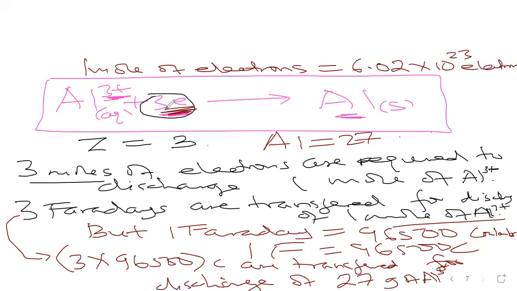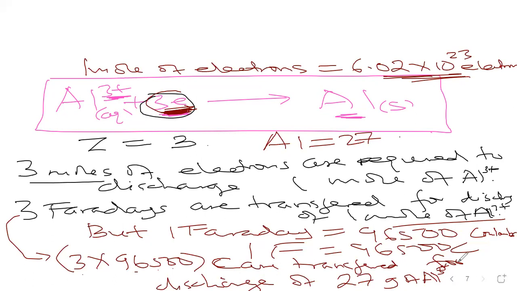If you see 3 moles of electrons, then that means those 3 moles have 3 times this number of electrons. So if I want this in terms of electrons, I will say 3 times this figure of electrons are transferred for discharge of 27 grams of aluminium.